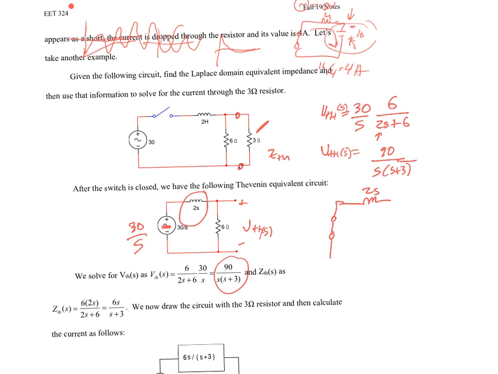This is 2S. This is 6 ohms. That is the R Thevenin. Actually, it's better to call it Z Thevenin because it's complex. That is the Z Thevenin of S that I'm looking for. So Z Thevenin of S is equal to the parallel combination of those two elements, right? Parallel combination is product over sum, 12S over 6 plus 2S. I'm going to factor 6S over S plus 3, which matches that result.